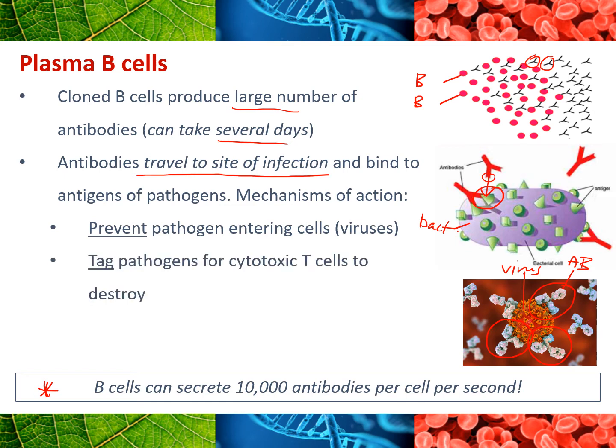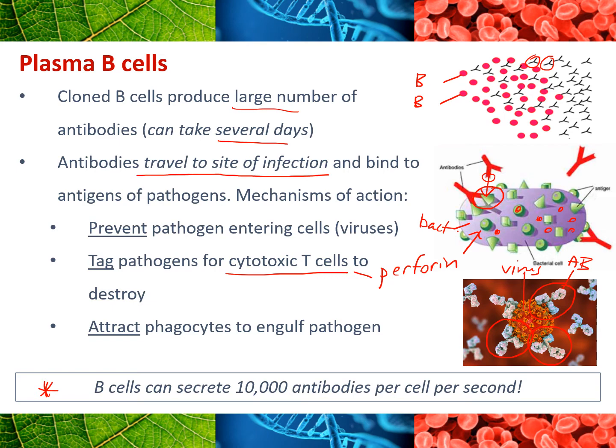Another thing they might do is tag the pathogen for cytotoxic T cells to come and destroy. Remember, our cytotoxic T cells release perforin to destroy infected cells. They can also do that to bacterial cells and cause holes to form in that bacterial cell wall and cell membrane and destroy that cell.